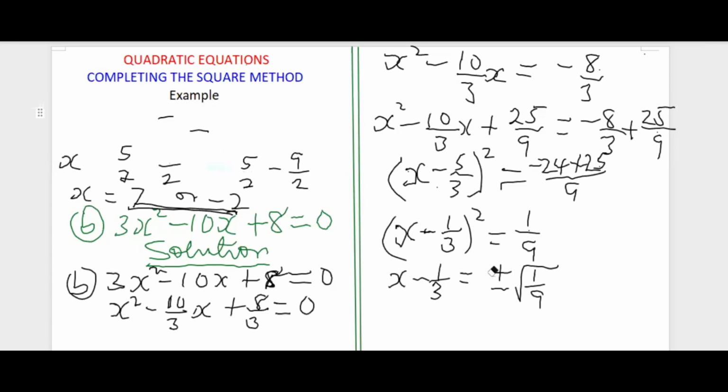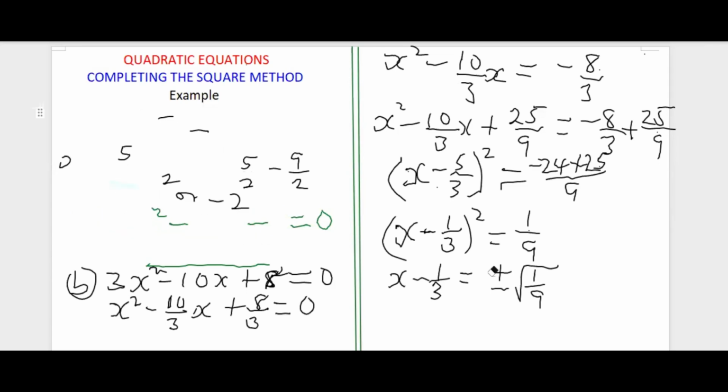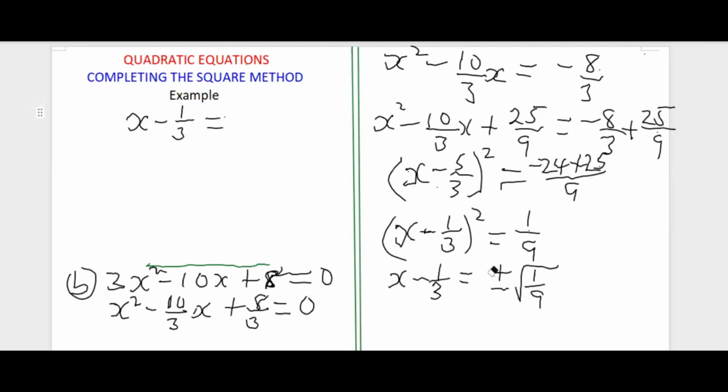So we have x minus 5 over 3 equals plus or minus 1 over 3.